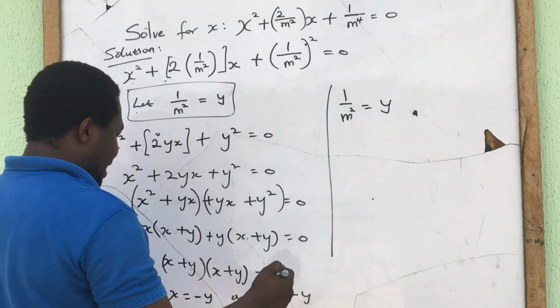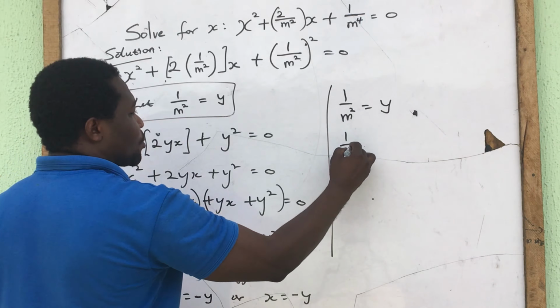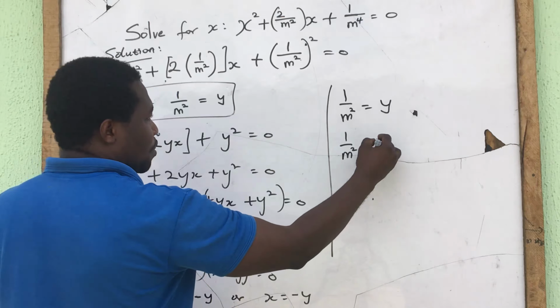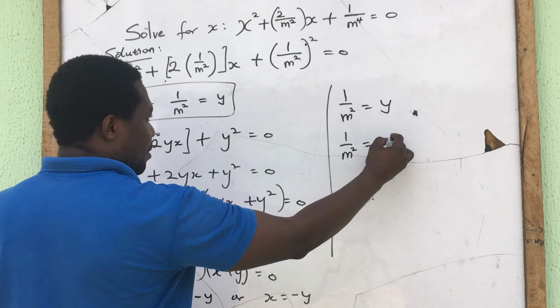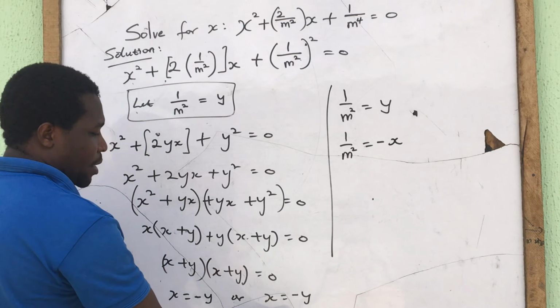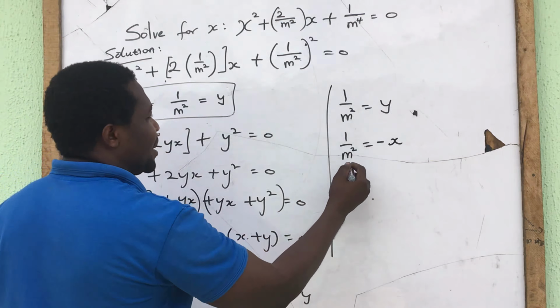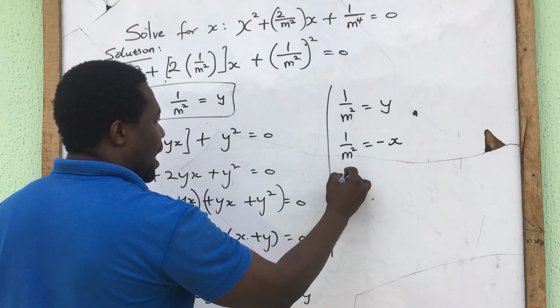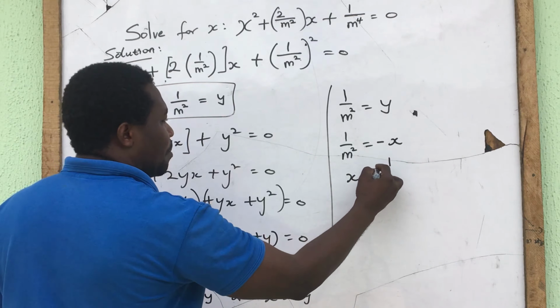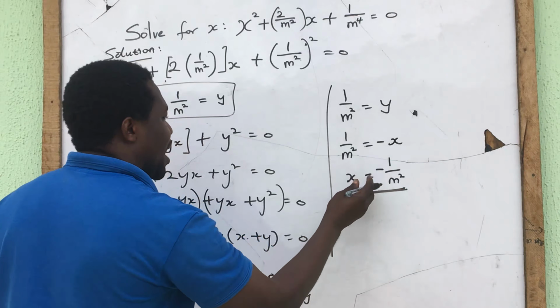If that is the case, our 1 over m squared equals minus x, as x equals minus y, then y equals minus x. So with that, we have our x to be minus 1 over m squared. That's the value of our x here.